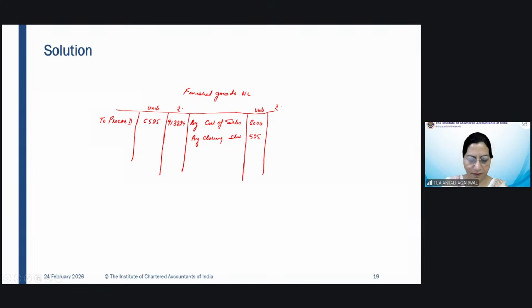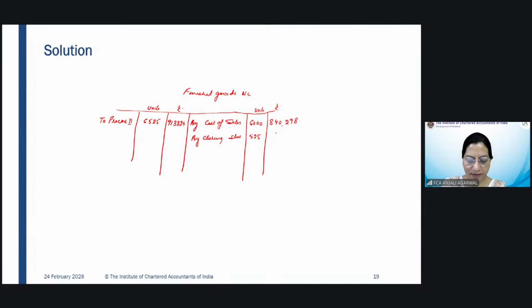So 913824 divided by 6525, the same rate will come at 140.0496552. When multiplied by 6,000, it gives you the cost of sales, which is 8,40,297.93. I'm rounding off to 298. And the balancing figure will be your closing stock.